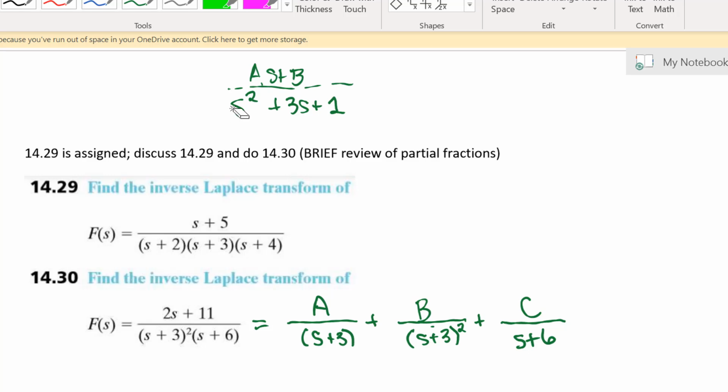So another really important thing, and this comes from just college algebra, every single polynomial can be factored into linear and quadratic factors over the real number system. So you should never have a factor like s cubed plus 8s plus 9s plus 1 or something. You should never have any factor with a degree higher than 2. So everything, once you have it factored, should either be degree 2 or degree 1.